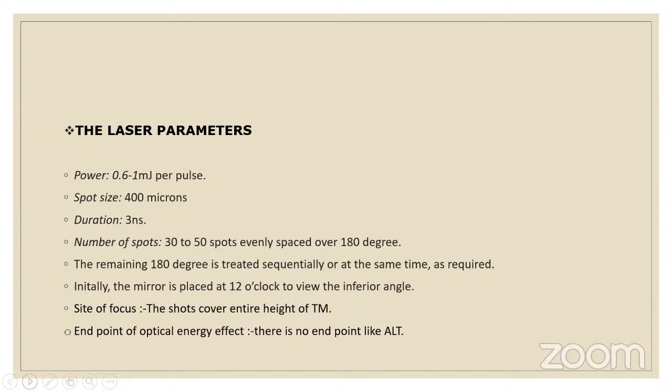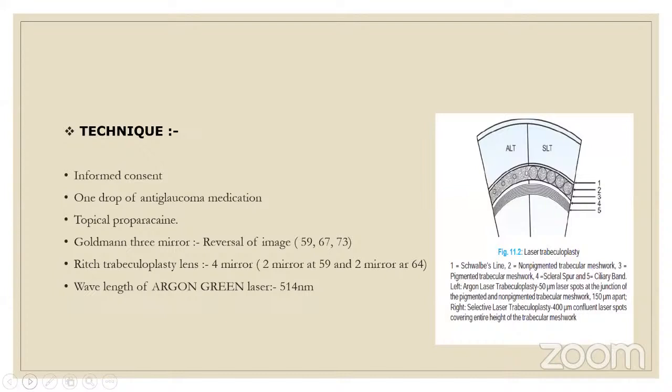Now the technique is the same in ALT and SLT, but the main difference is the spot size. Consent is taken, 1 drop of the anti-glaucoma medication, and then topical proparacaine is instilled, and after that a Goldmann 3-mirror lens with reversed image, with mirrors of 59 degree, 67 degree and 73 degree.